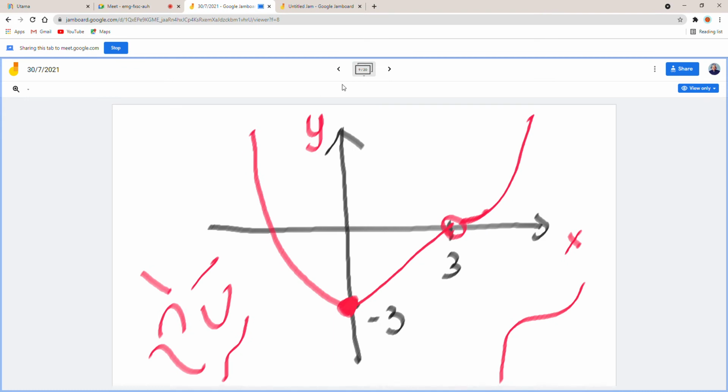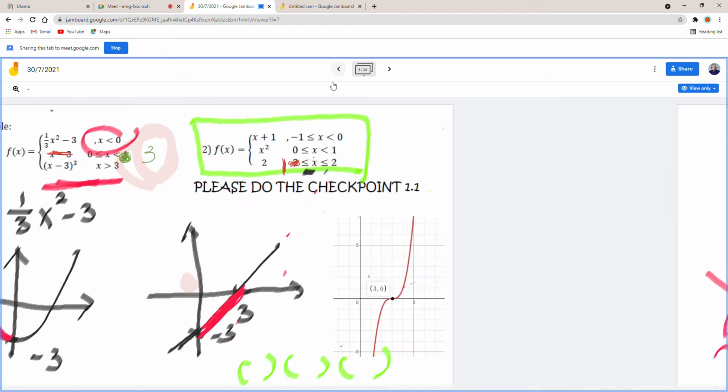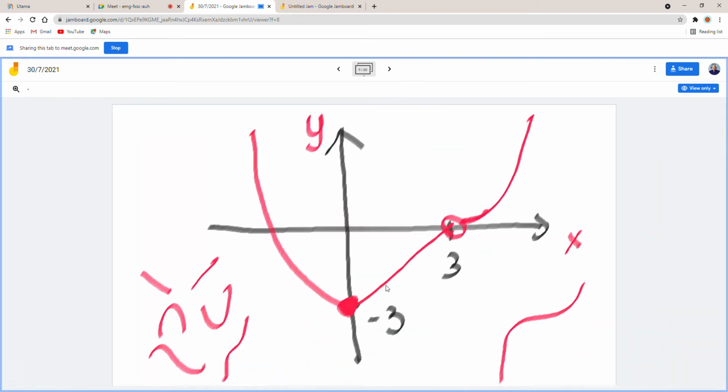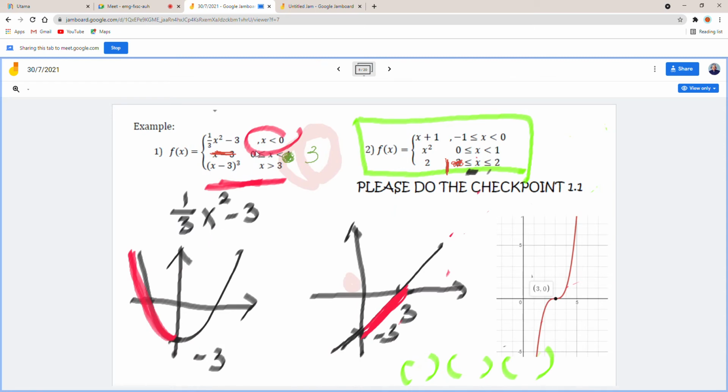Just on the first graph, from here to here until negative 3. And then the linear graph from 0 to 3, right? From here to here. And then you have to put the black circle and a white circle. You know why? Black circle because of this symbol.